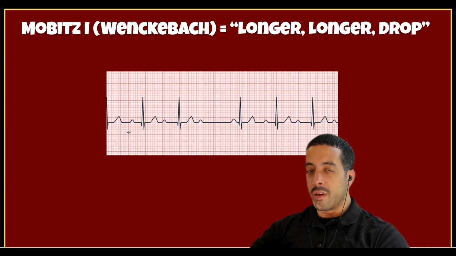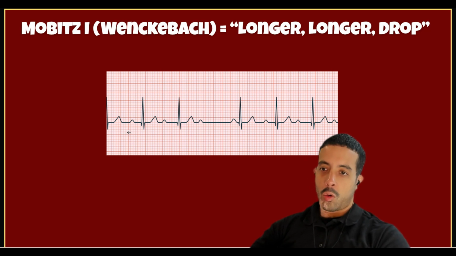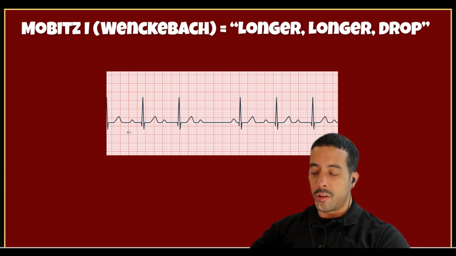This is usually benign, it's usually temporary, and this is very common in athletes, and whenever there's vagal tone dominance, and meds like beta blockers and digoxin are being used by the patient. Only treat this person who has second degree type 1 if they're symptomatic.